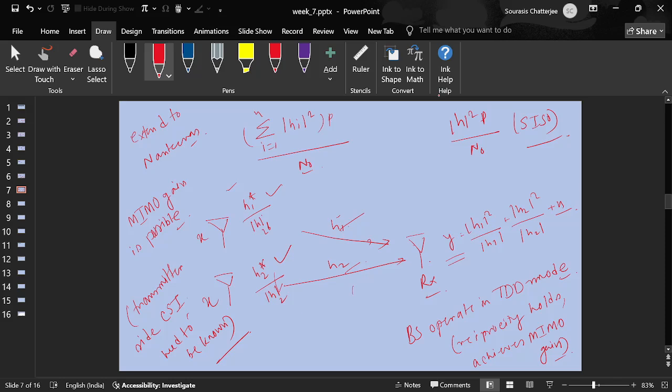There are 3 scenarios: a single antenna, 4 antennas, and 16 antennas, and the user is equipped with a single antenna. So does the user know how many antennas the base station is using?